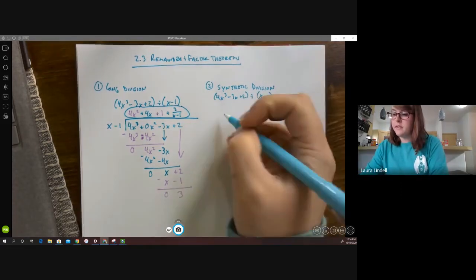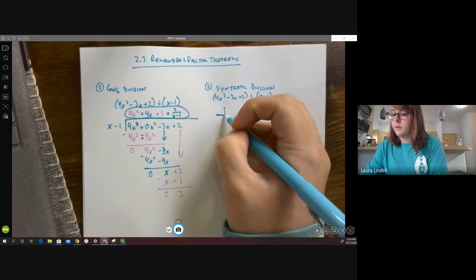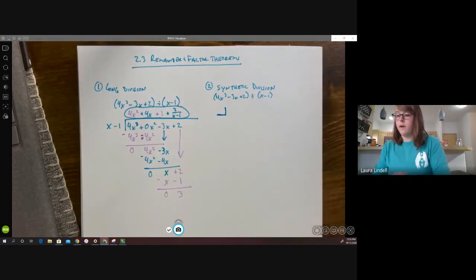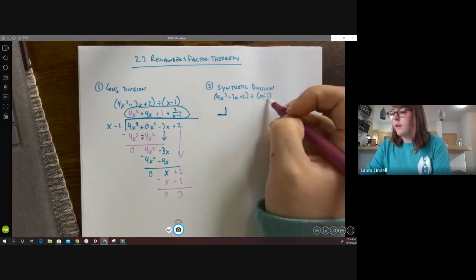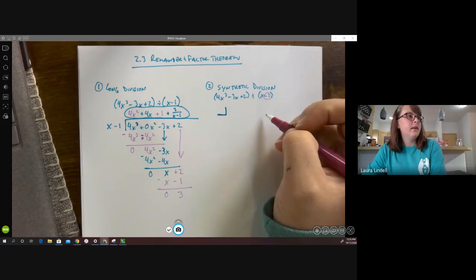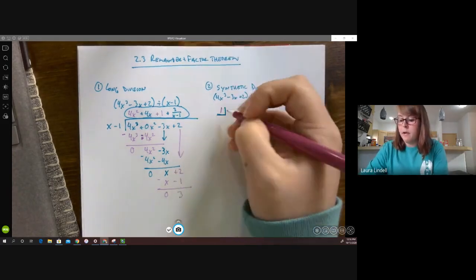Synthetic division is the one where you set it up with the box in the corner. The thing you put in that box is the opposite sign of whatever this is. So since this is minus 1, I'm going to put a positive 1 in my box in the corner.